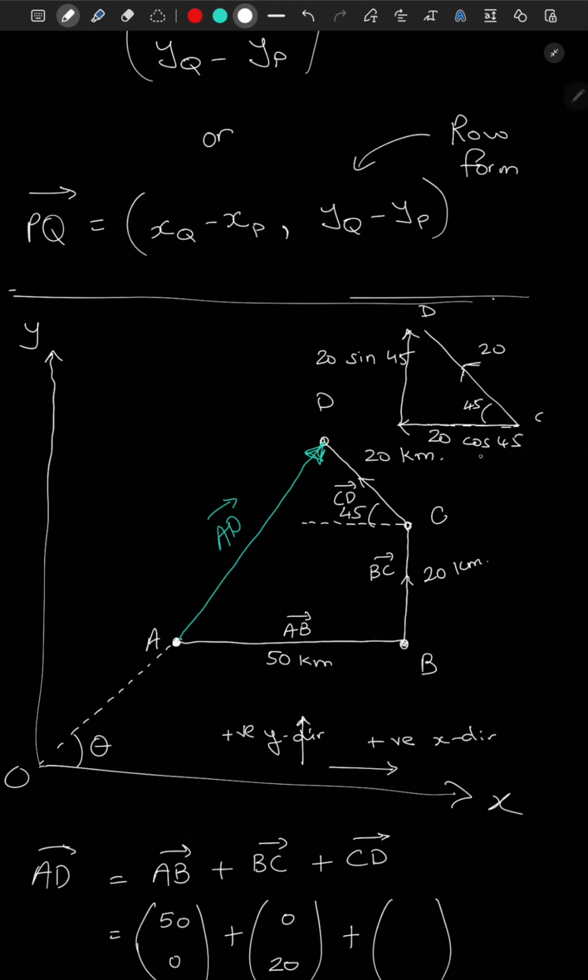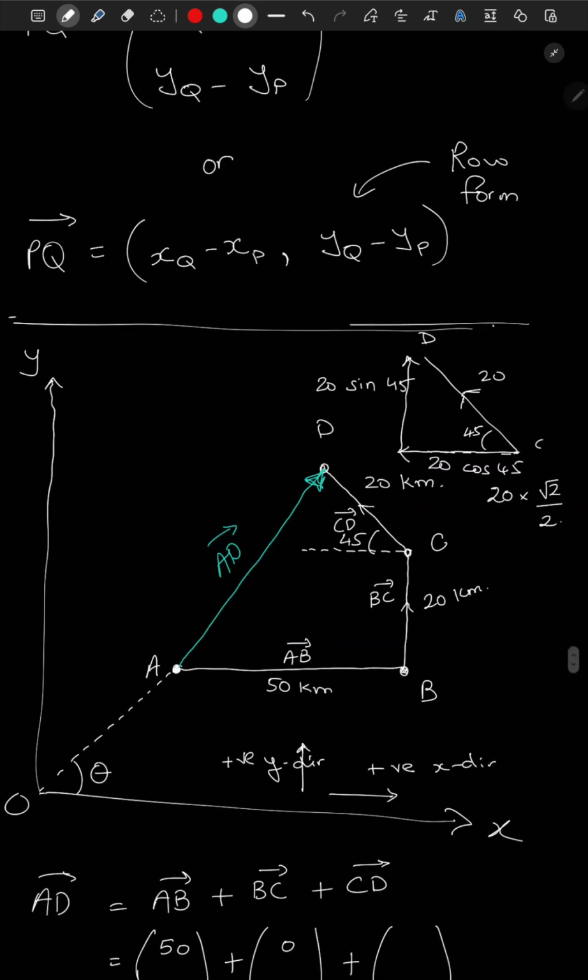So 20 cos of 45, which is 20 times root 2 over 2.